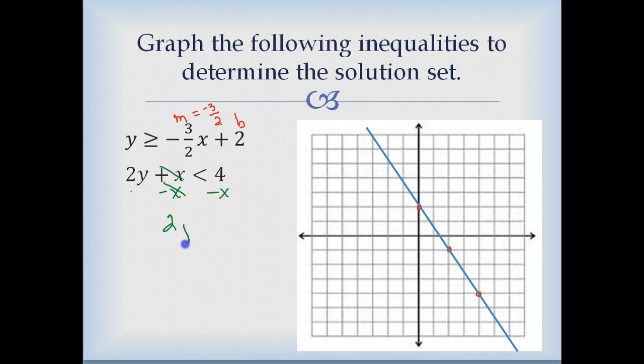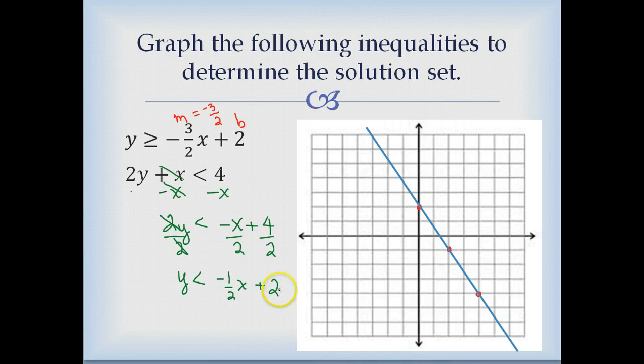I'm going to have 2y is less than negative x plus 4. Then I'm going to divide by 2, and you would just divide everything by 2. The 2 here will cancel, and you'll get y is less than negative, and there's really a 1 in front of the x, so you can write it like negative 1/2 x, and 4 divided by 2 is 2, so plus 2.